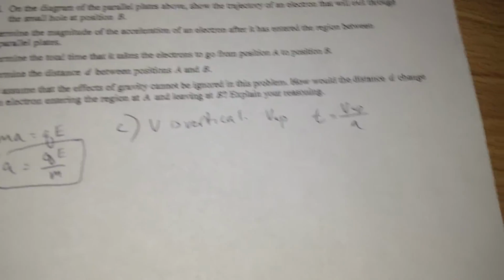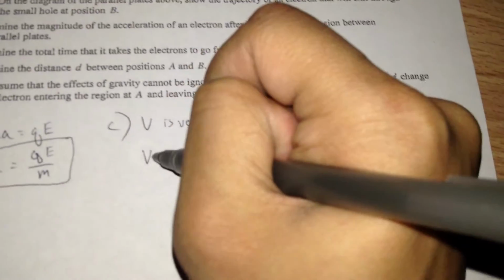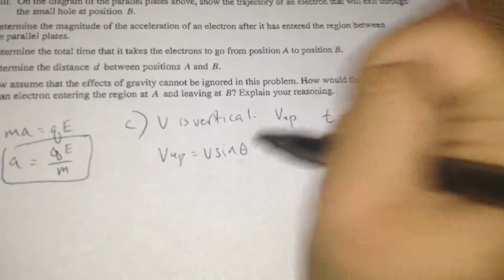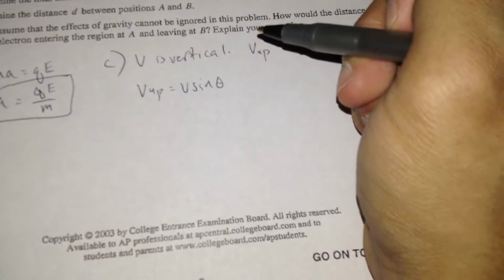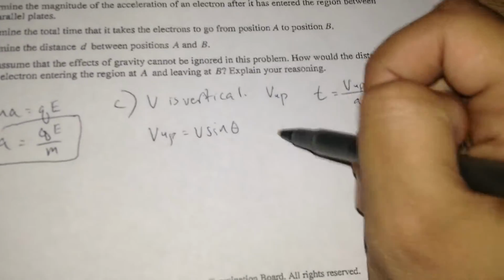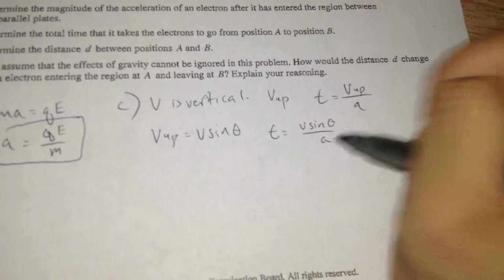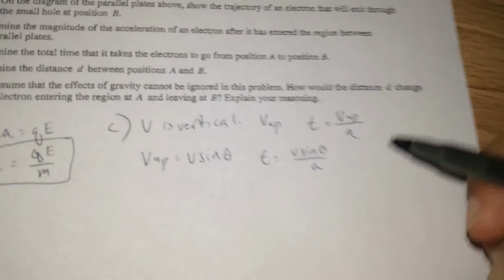And because it's a component, v up is equal to v sine theta. So when you plug into the formula, t is equal to v sine theta over a. But that's only half the time, so you want to double that.